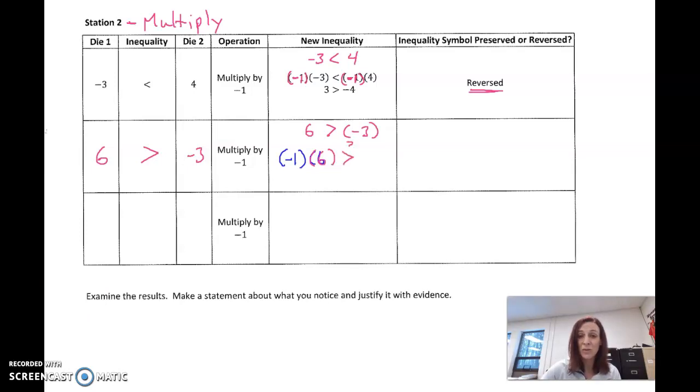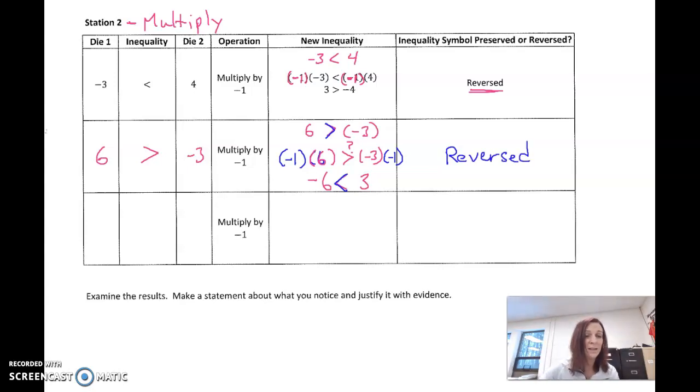Is that still going to be greater than -3 times -1? Well, -1 times 6 is a -6. -3 times -1 is a +3, because a negative times a negative is a positive. And -6 is less than 3. So our inequality symbol went from greater than to less than. We would say that our inequality symbol is reversed. We flipped it over. Okay?